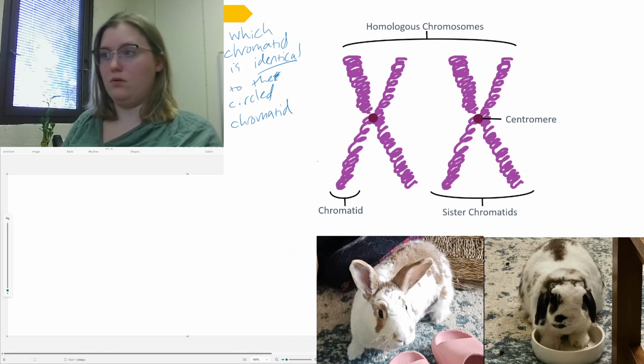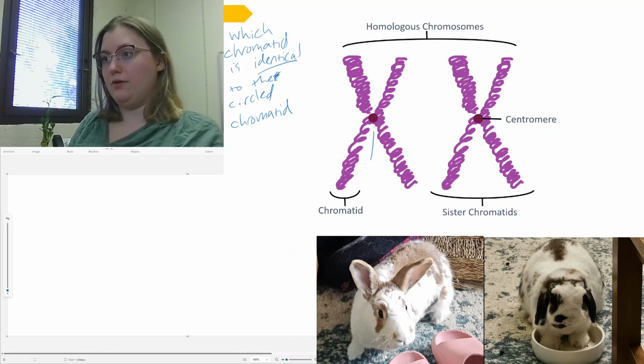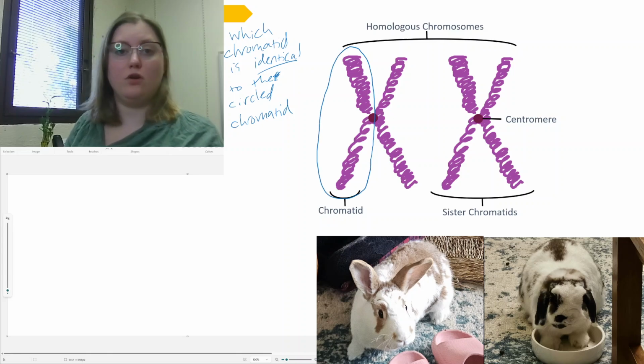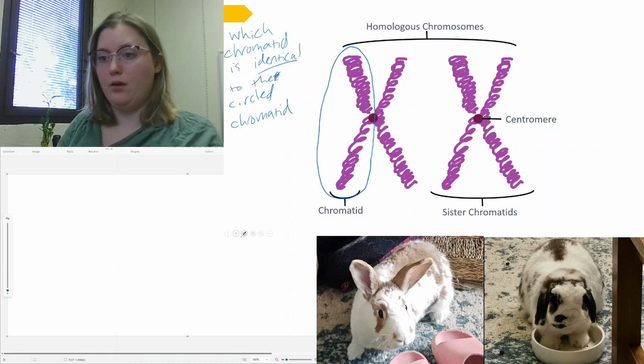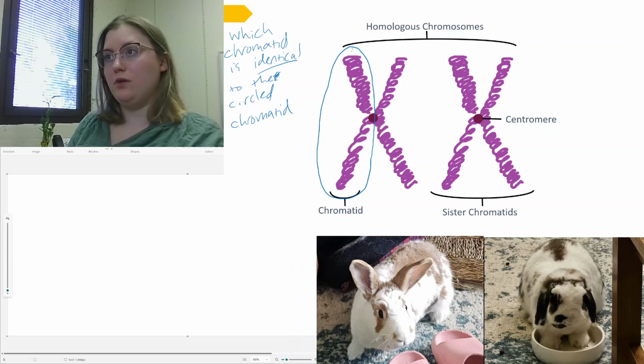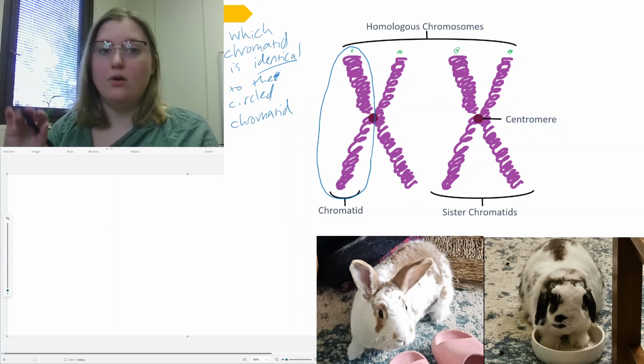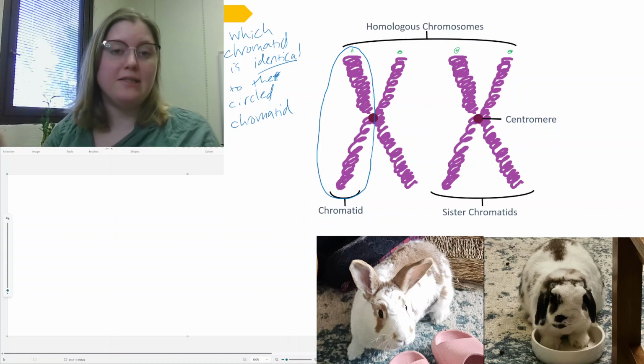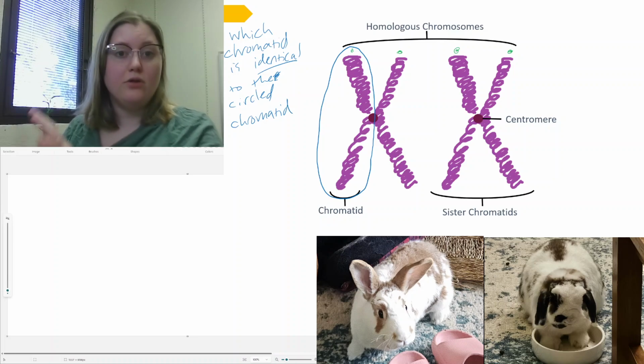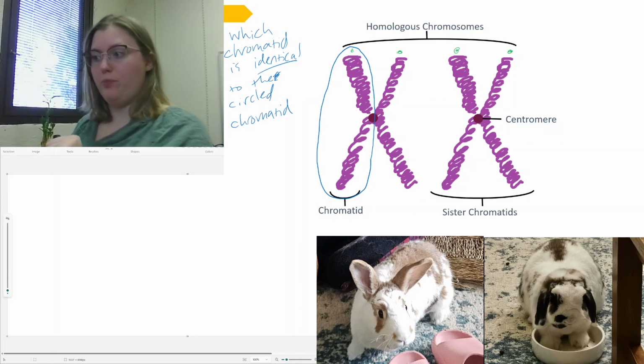Okay, and so I'm going to circle this one. Right, so I've circled that chromatid, and our chromatids are, we've got this one, this one, this one, and this one. Okay, so on your iClicker, go ahead and select which of those 4 chromatids is identical to the one that I just circled in blue.